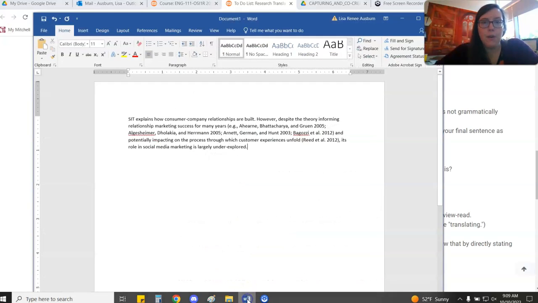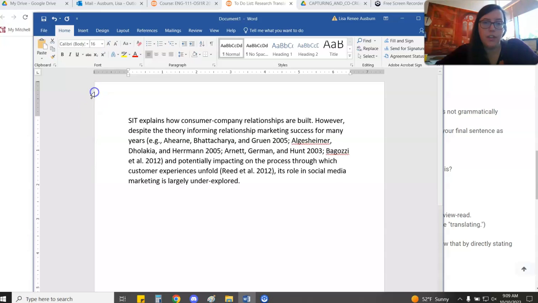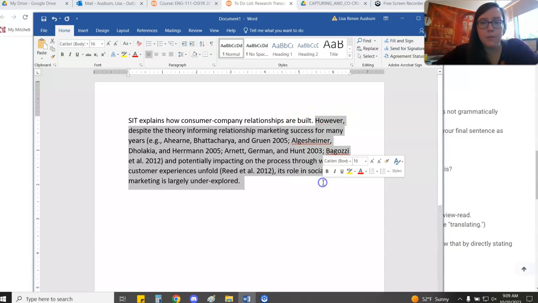So I'm going to imagine that I have selected this sentence from the introduction in order to translate. When I read it, it's a pretty lengthy sentence. There's a lot going on. It's technically 2 sentences, but I felt that was necessary just for understanding the context. I'm going to focus my research translation on the second sentence.